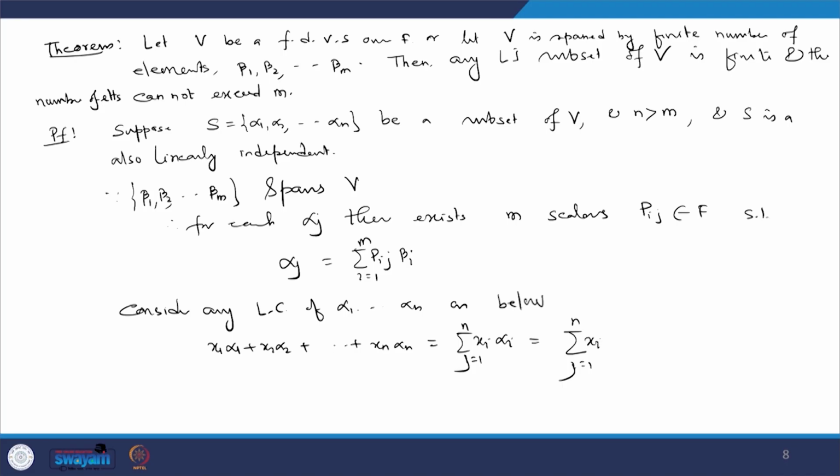So alpha j equal to this quantity, the sum of Pij beta i for i equal to 1 to m. Since it is a finite sum, I can exchange the order. So I can write i equal to 1 to m and j equal to 1 to n, Pij and xj, then beta i.